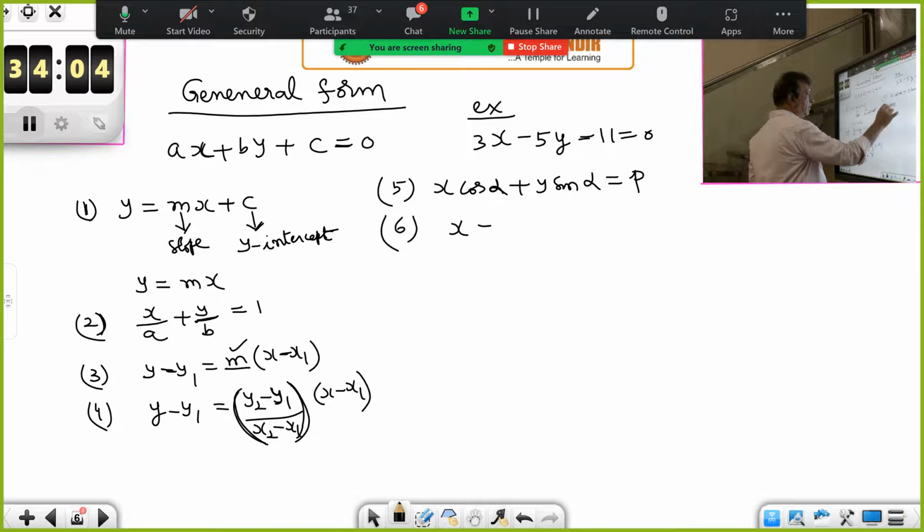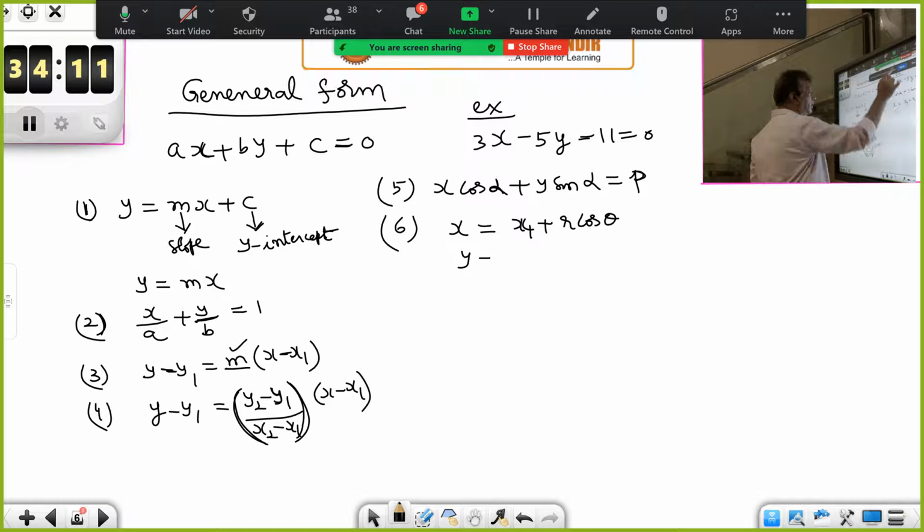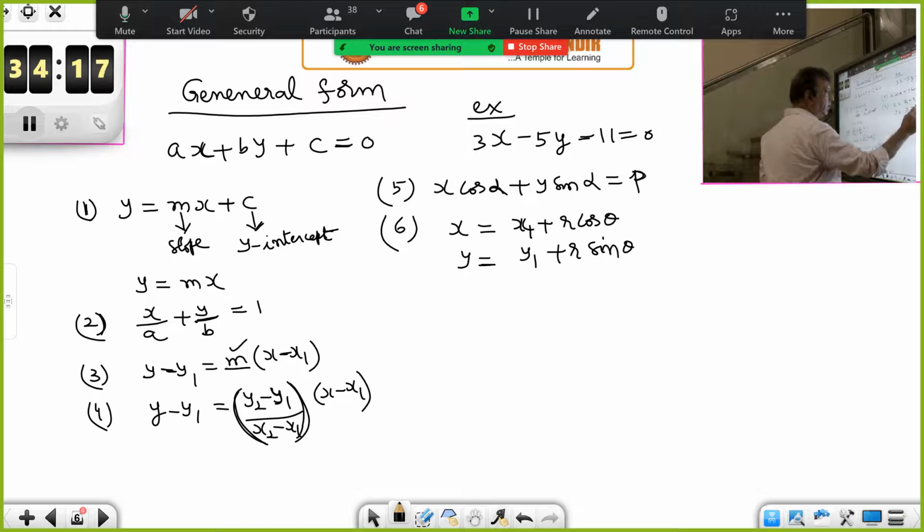Next, last one we have studied today is the parametric form. So x is equal to x1 plus r cos theta, y is equal to y1 plus r sin theta. Here in this formula, x1, y1 is a known point on the line, fixed point on the line.